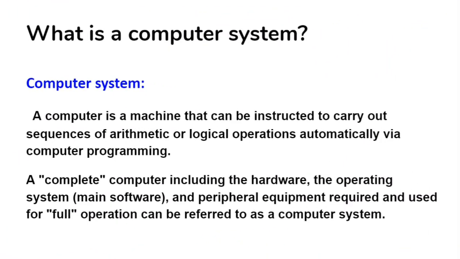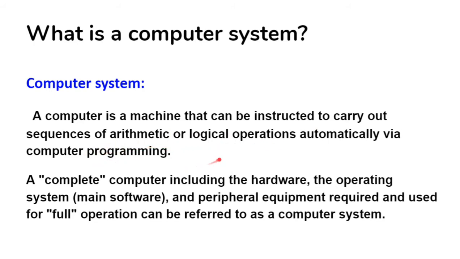Before discussing operating systems, it is necessary to understand what a computer system is. A computer is a machine that can be instructed to carry out sequences of arithmetic or logical operations automatically via computer programming.